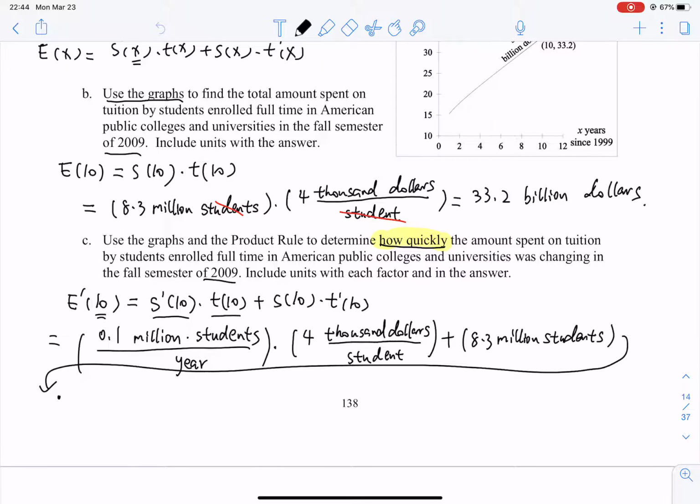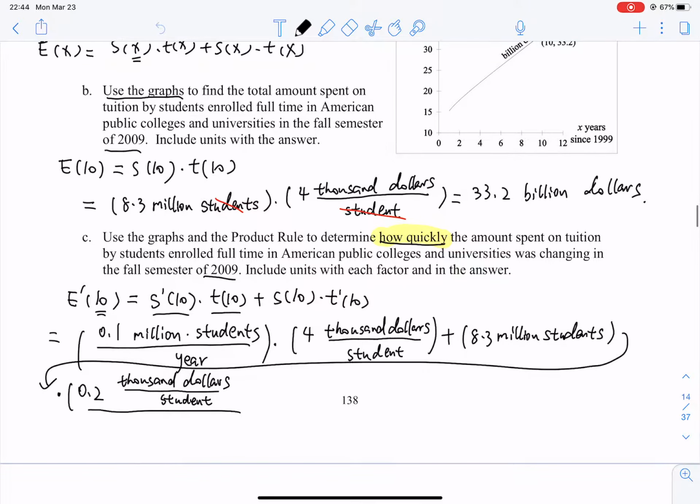This one multiplied by 0.2,000 students. The unit is $1,000 per student per year. So it's like student per year divided by year. So the number here is just 2.06.